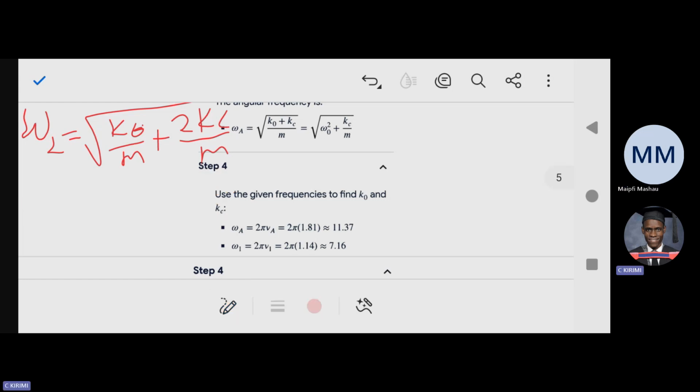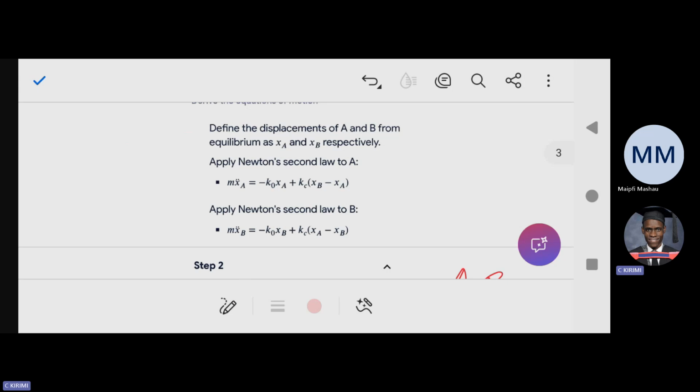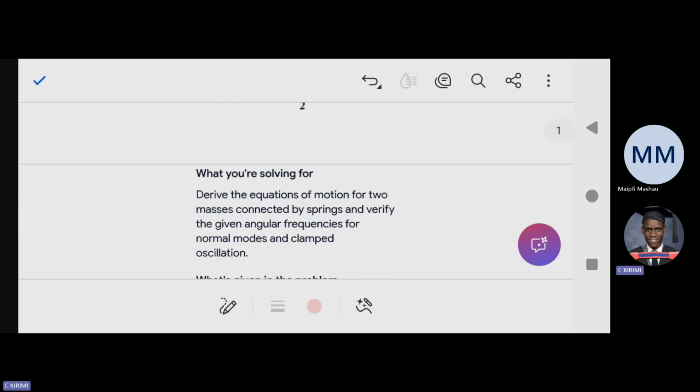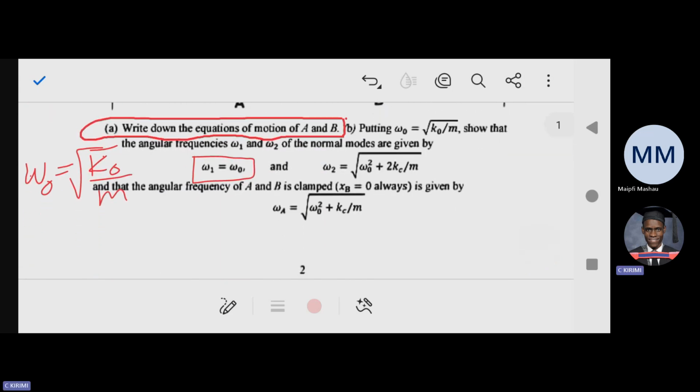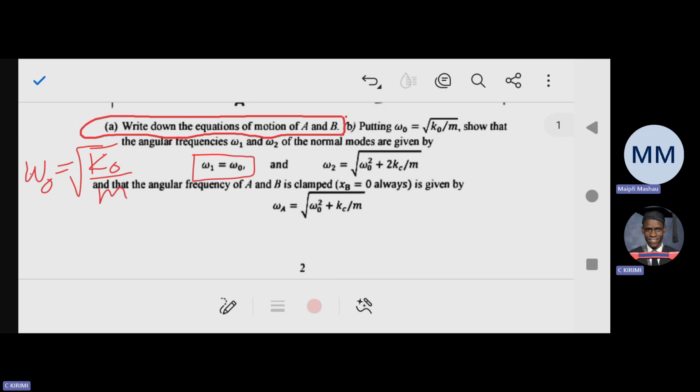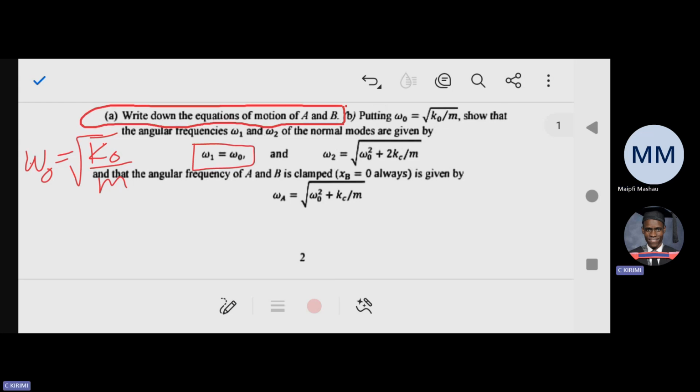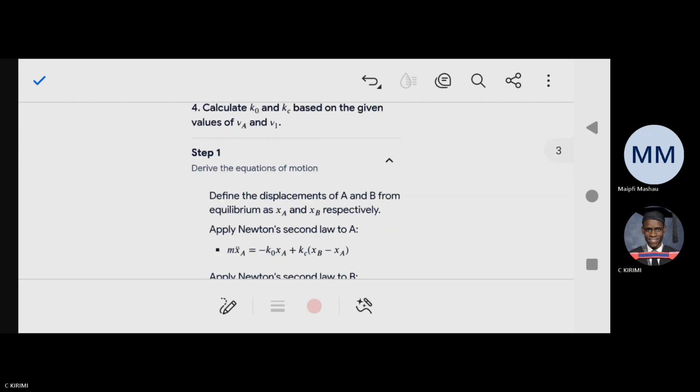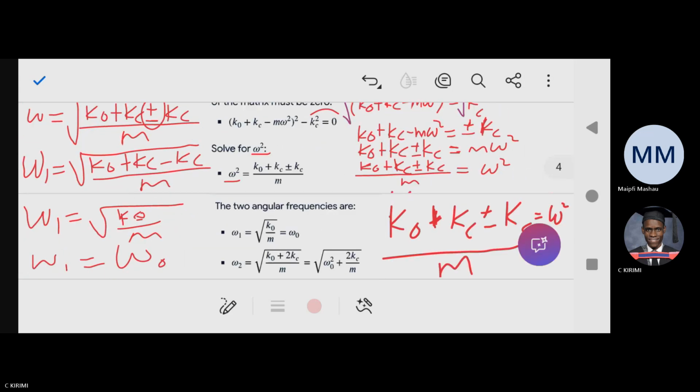And my question is saying I must prove, for the second root, that W2 is equal to the square root of omega naught squared plus 2Kc over M, which is what we have proved here.